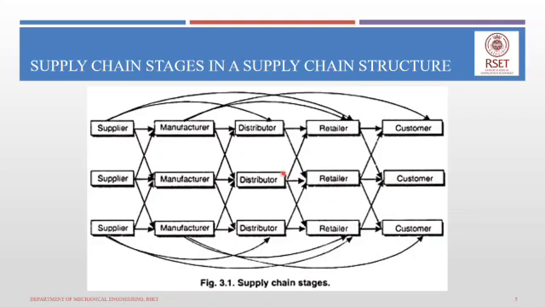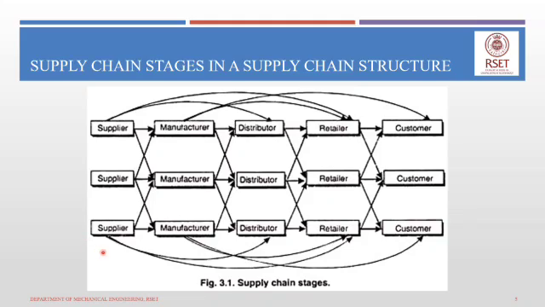Now there are several stages in a supply chain structure. This is an example where we see multiple suppliers, multiple manufacturers, distributors, retailers, and consumers. So there are essentially 5 stages in a supply chain structure.